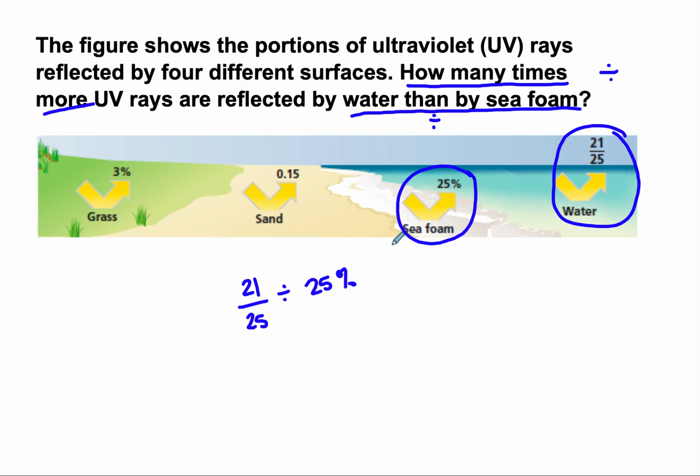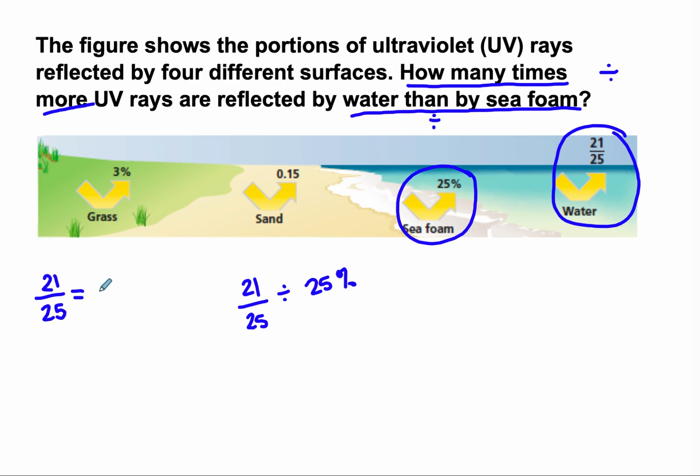Okay, well, in order to do this, I need to either make both numbers fractions, make both numbers decimals, or make both numbers percents. It doesn't really matter. So let's see. I'm going to go over here, 21 over 25.